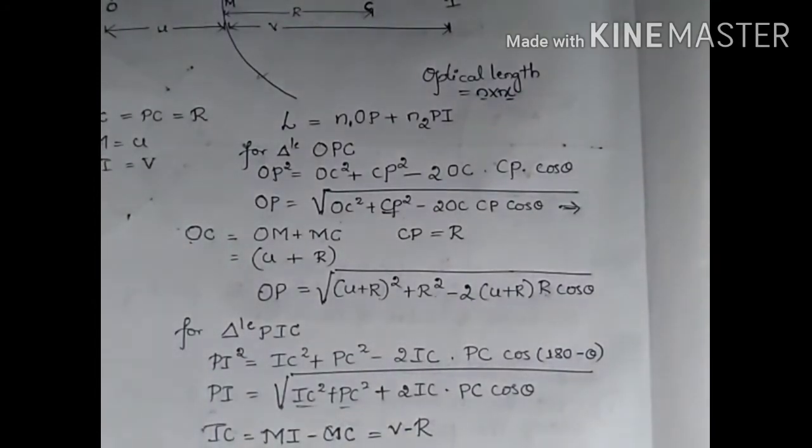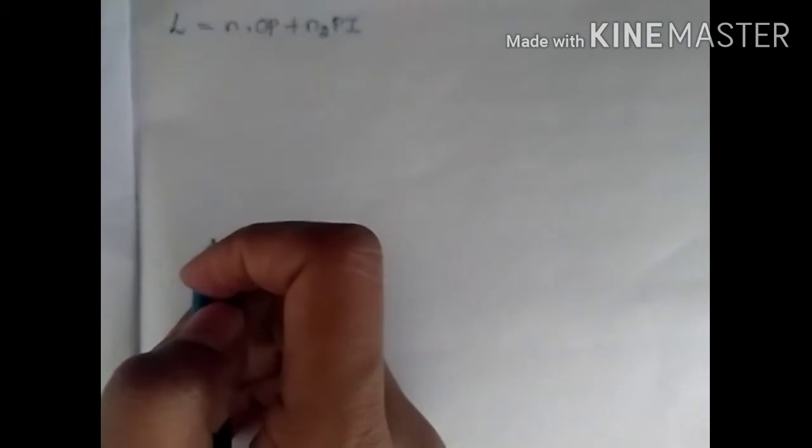Now L is equal to n1 OP plus n2 PI. So now I will substitute OP and PI in the given equation. L is equal to n1 times OP. What is OP?